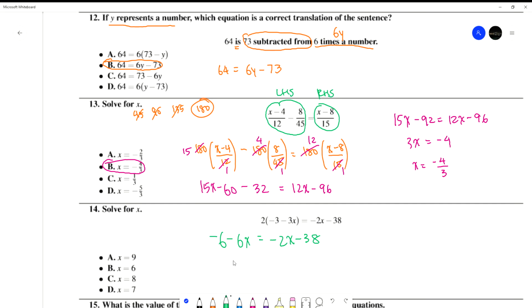So negative 6x plus 2x is negative 4x is equal to negative 38 plus 6, right? So that's negative 32. Lastly, divide both sides by negative 4 and we get positive 8. Answer choice C. Any questions? Okay. You can also do this on the number solver as well.